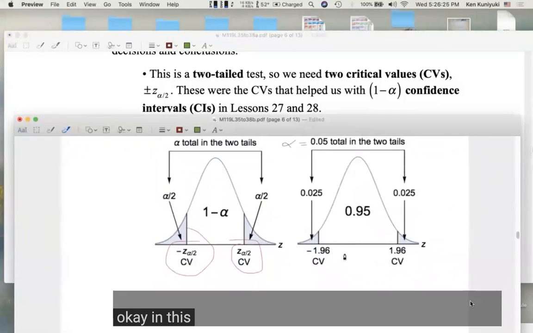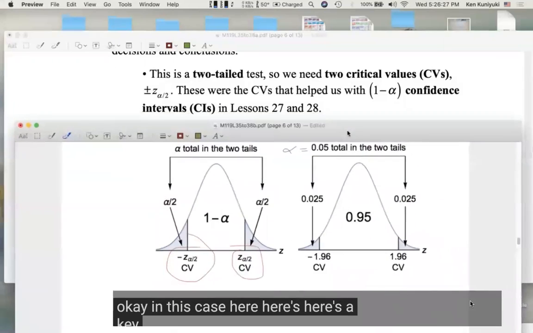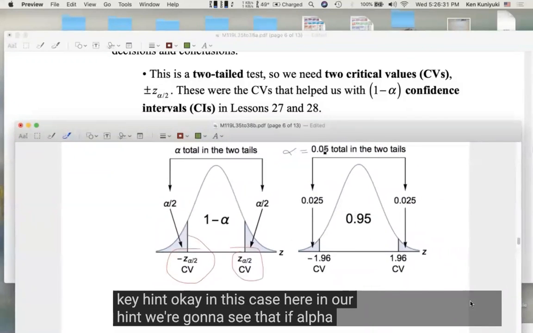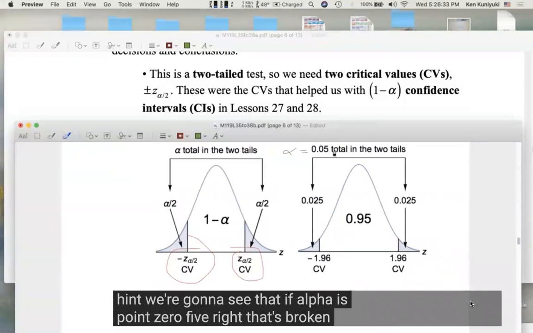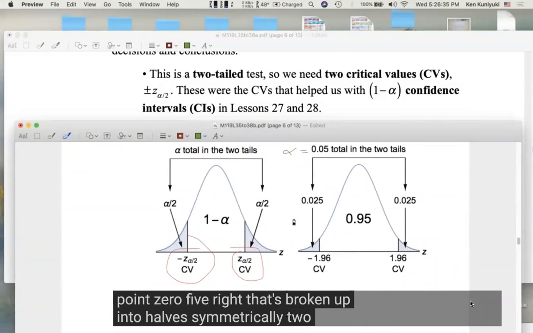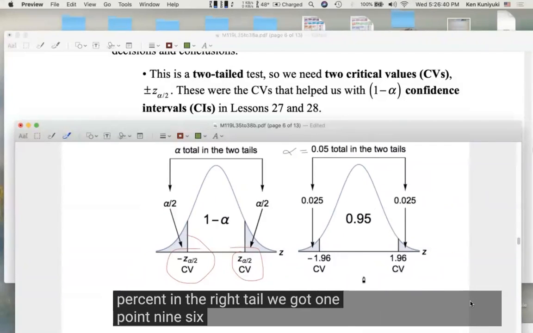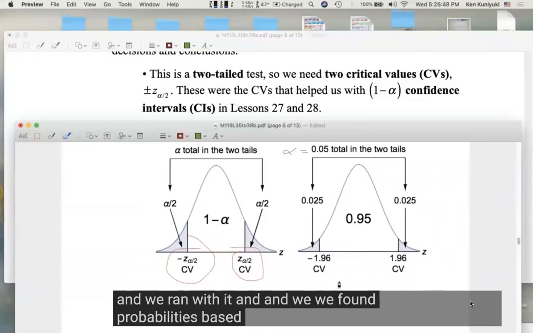In this case here, here's a key hint. If alpha is 0.05, that's broken up into halves symmetrically, 2.5% in the left tail, 2.5% in the right tail. We get 1.96 and negative 1.96. Before, we grabbed the z-score and we ran with it, and we found probabilities based on z-scores, or their opposites.